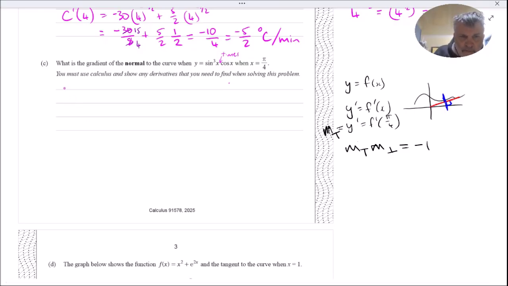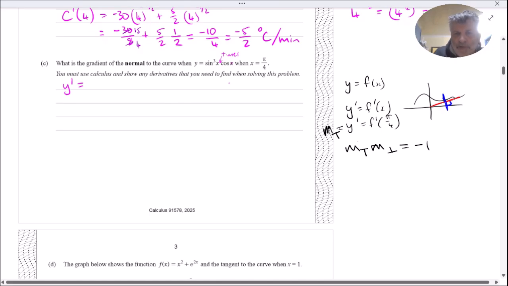So we need to differentiate. We need to remember that it's a product, so we use the product rule. The product rule says write down one of the factors and multiply by the derivative of the other. Derivative of cosine x is minus sine x. And then add, differentiate the first one, 3 sine squared x.